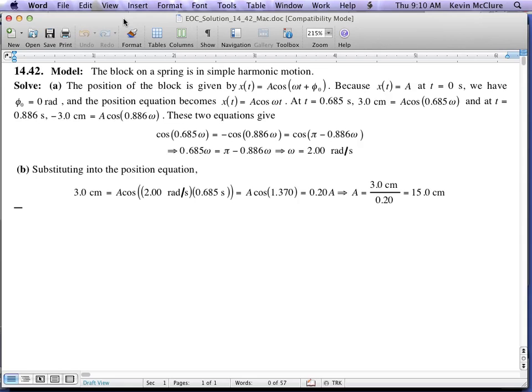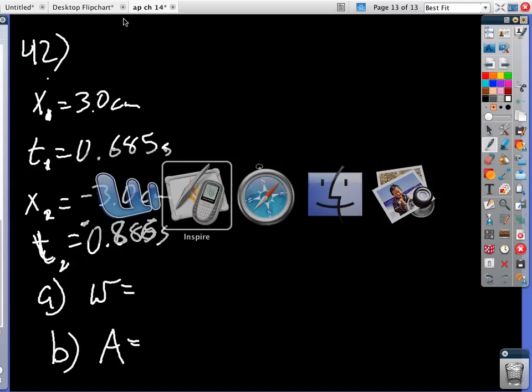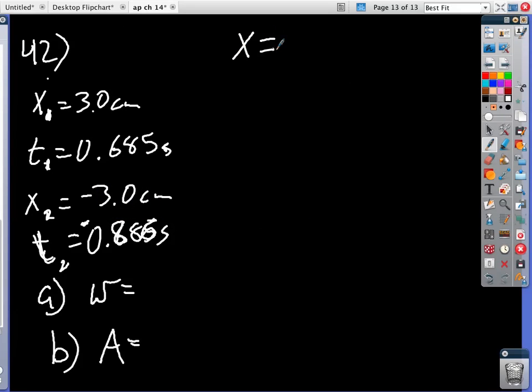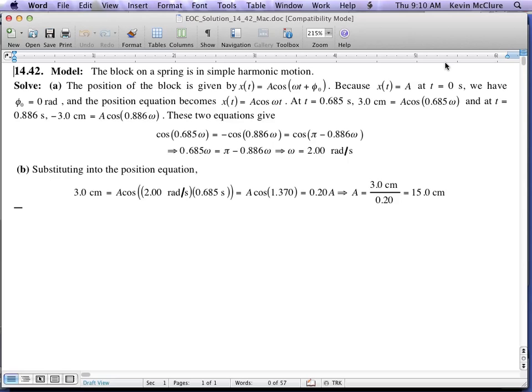So then they're using the basic statement, if you will, that we came up with. Remember this x equals A cosine omega t plus phi? They're just going to use this twice.